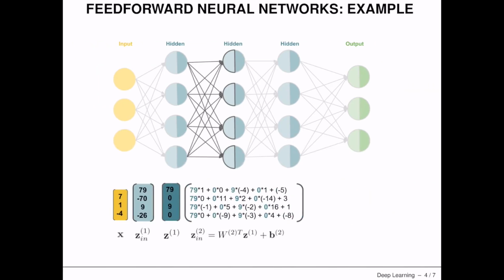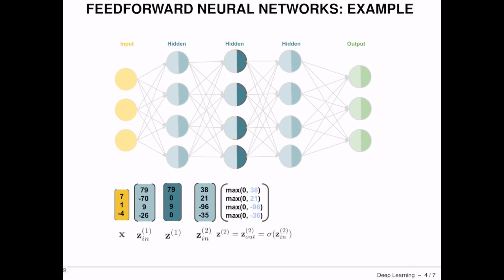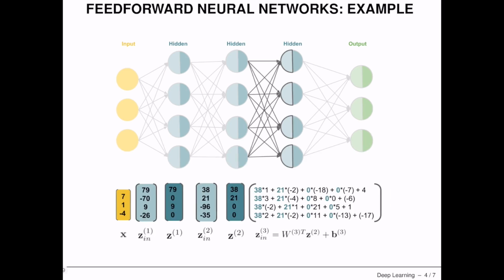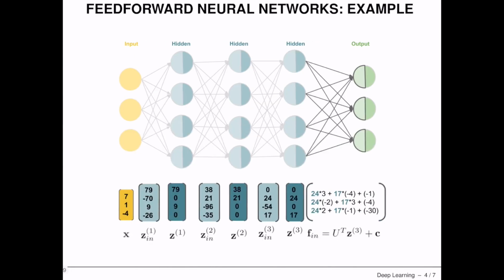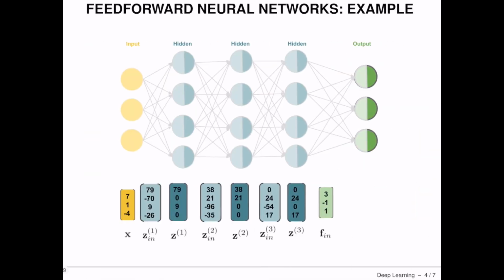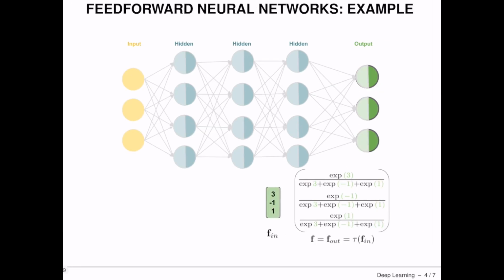We can calculate the input of the second hidden layer by multiplying with the weights and adding the bias vector. Calculate the output of the second hidden layer with ReLUs again, and the same for the third hidden layer. And finally, the output of the third hidden layer serves as input to the output layer. And we finally apply a softmax to calculate the final output of the neural network.